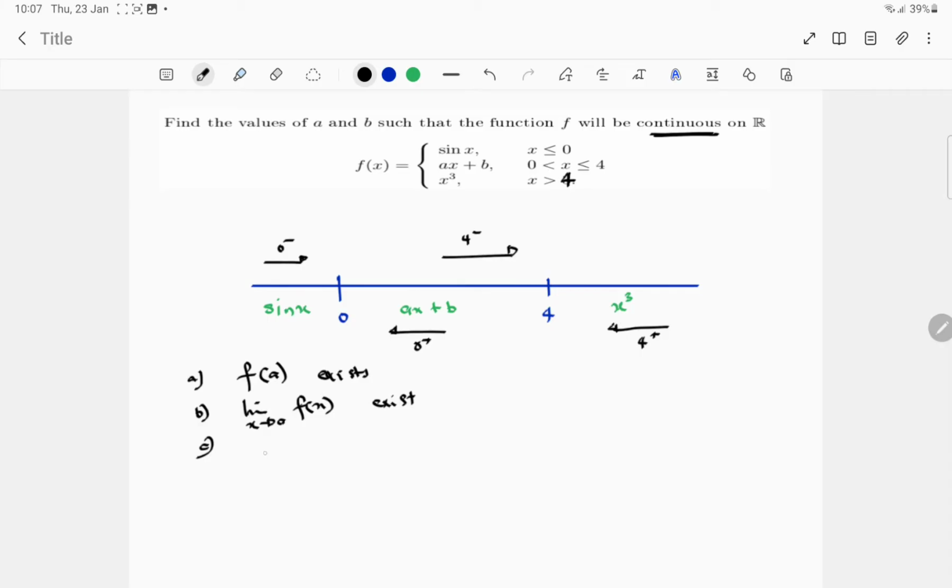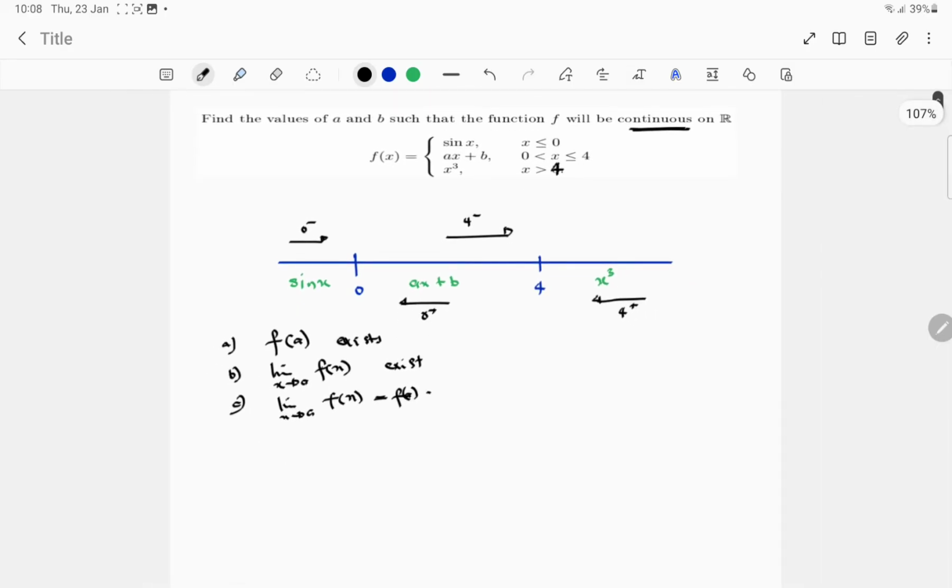And three, the limit as x approaches a of f of x should be equal to f of a. So all these 3 points should hold. Having this in mind, the limit as x approaches a of f of x is equal to f of a. We are assuming that all these 3 points hold, because we want f to be continuous on R, right?